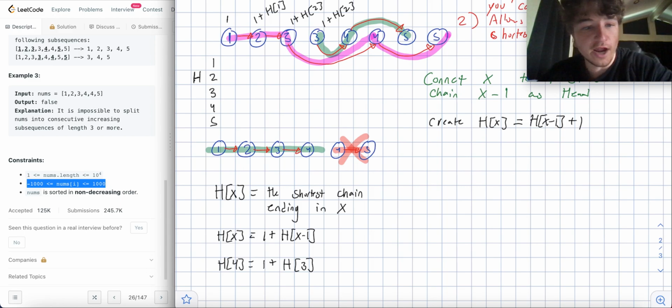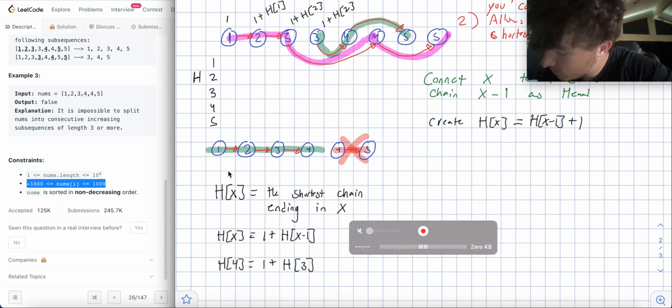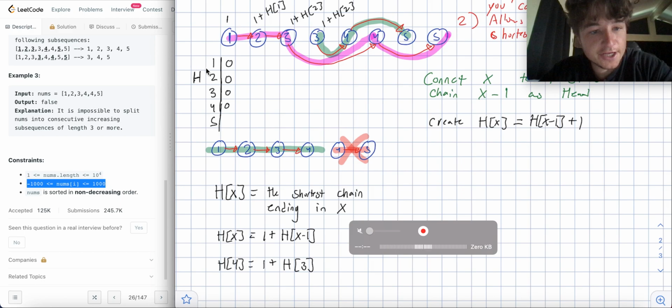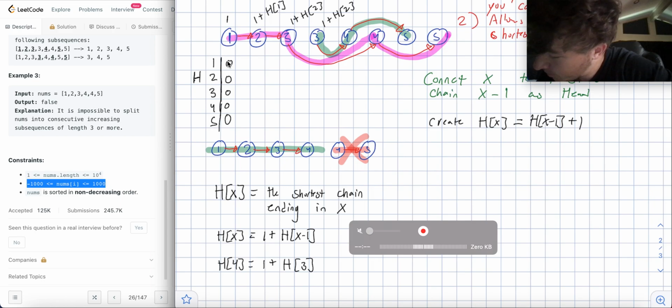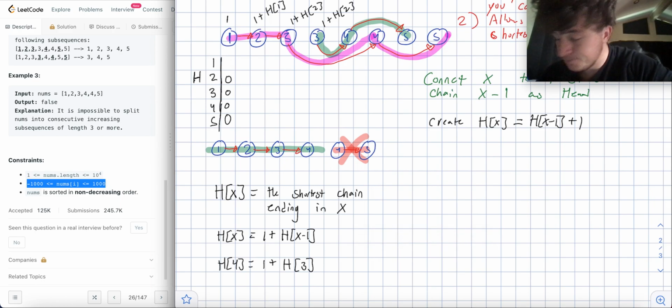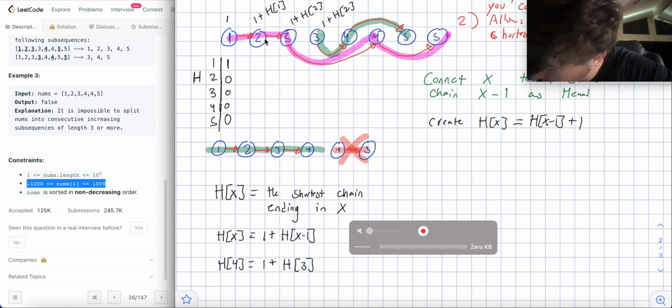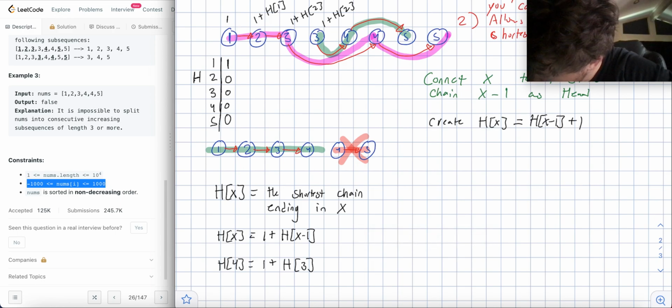Well, the shortest for everything is 0 at the beginning. So this is saying h of 1, h of 2, h of 3, right? So after this, h of 1 will be 1. Here I can connect h of 2 to be 2, 0, 0, 0.